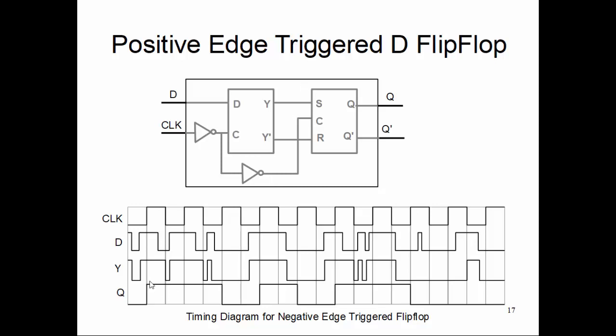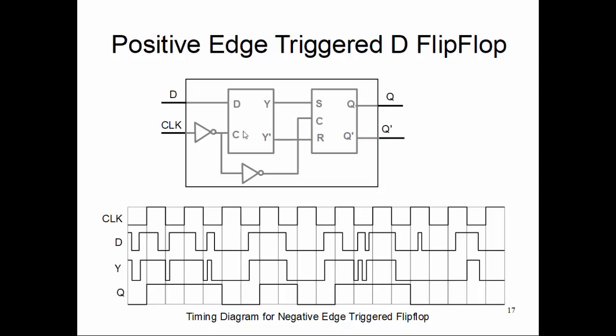Only when the clock is low does that data get registered. So please follow through this timing diagram for both the positive edge triggered flip-flop and the negative edge triggered flip-flop, and study it carefully. Then you will come to know about the behavior of these flops.